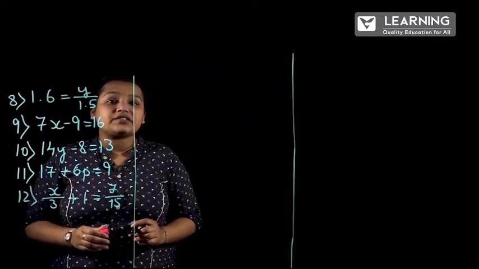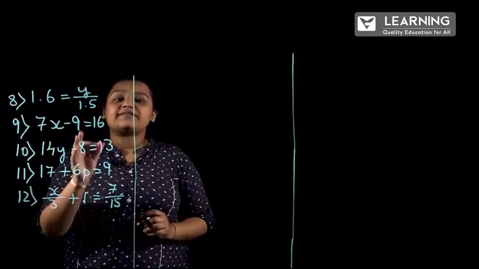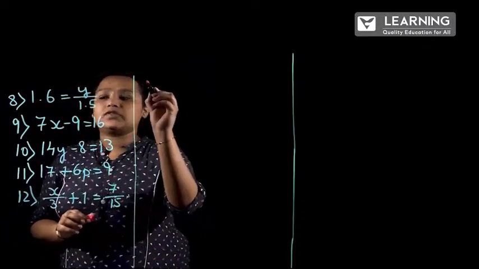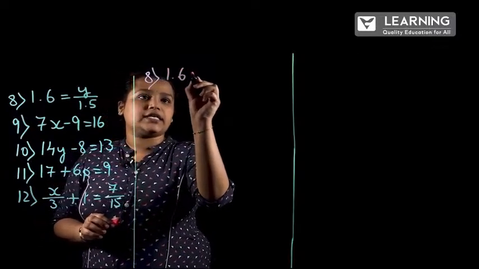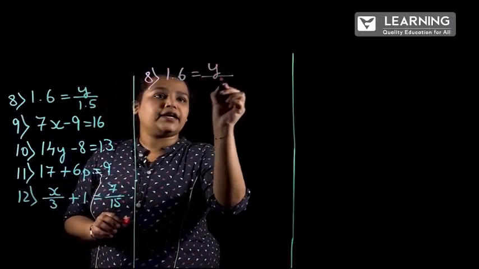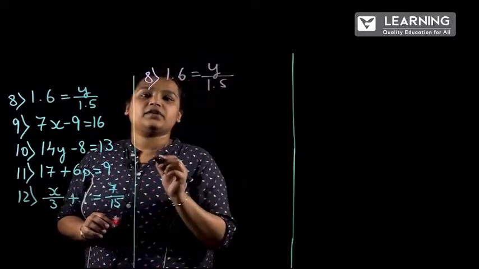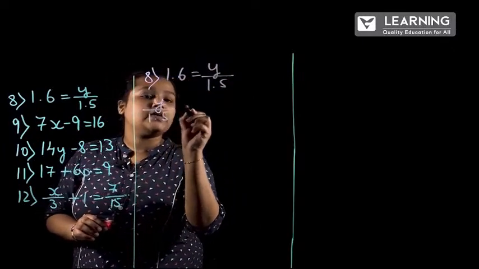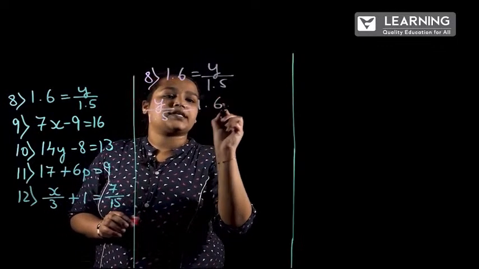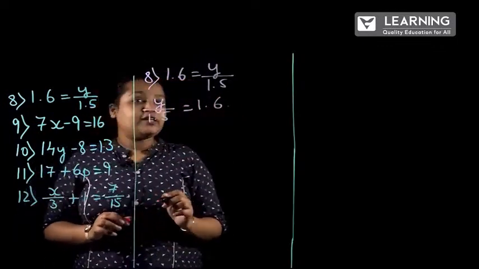So the next question is in decimal form as well as fractional form. The question goes like this. 1.6 is equal to y divided by 1.5. So we can write this as y by 1.5 is equal to 1.6. This will be easy for you to solve, right?